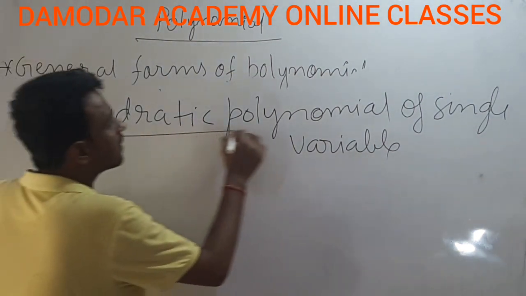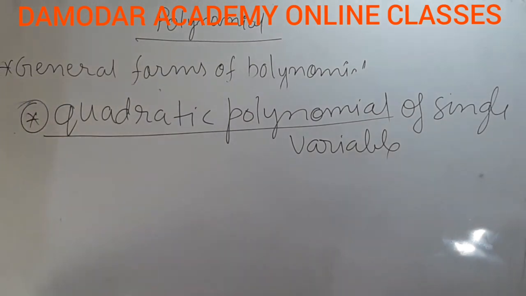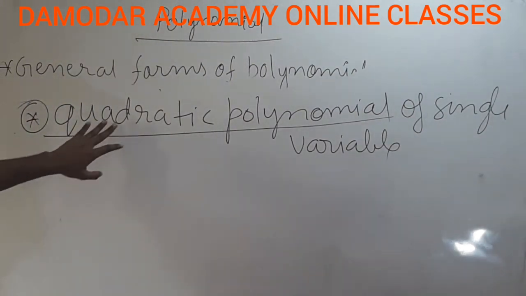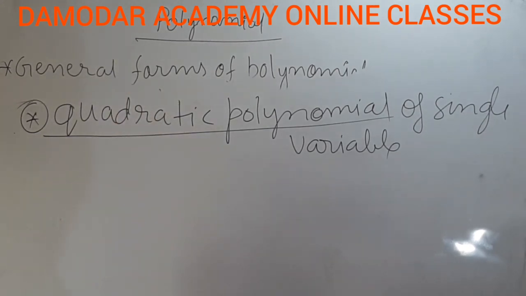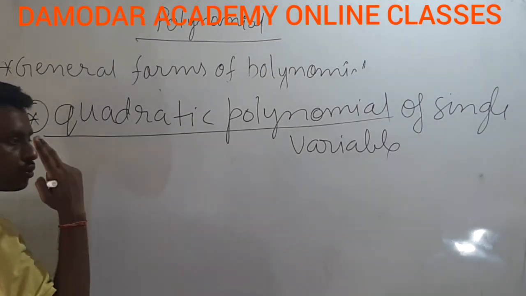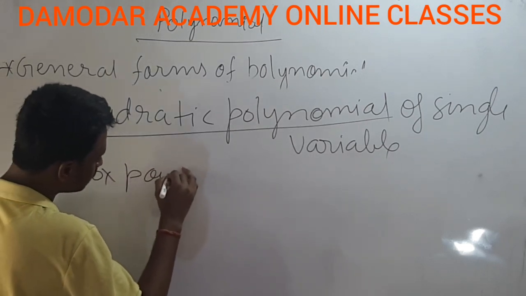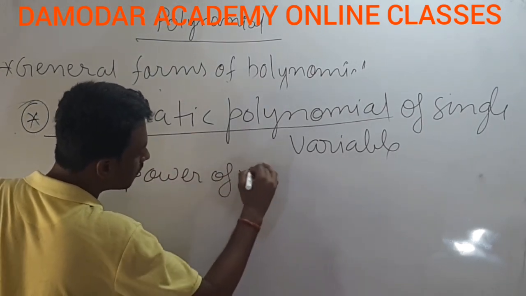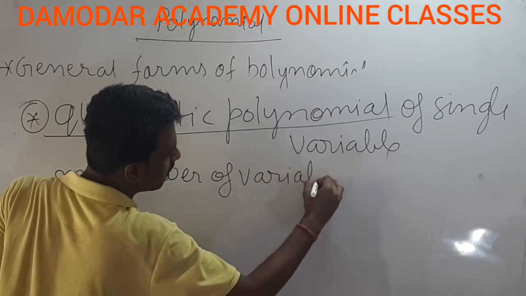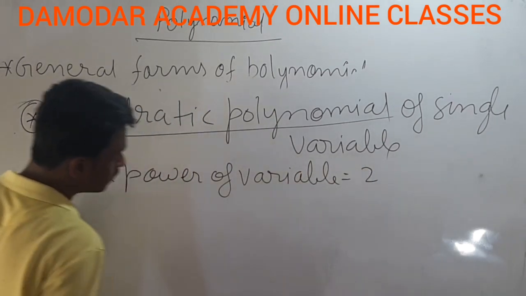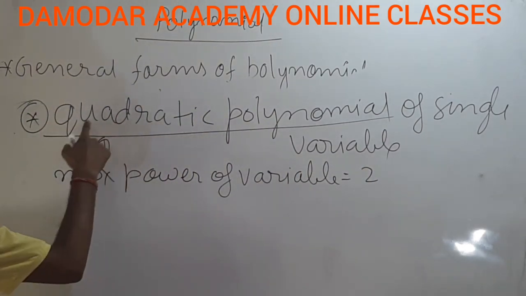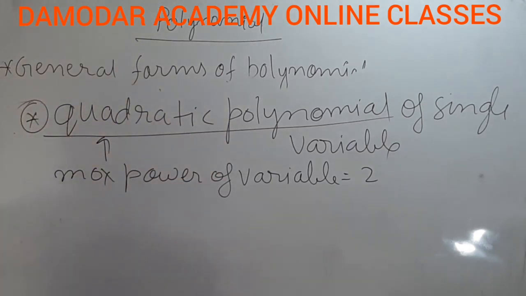My dear students, in the previous class, what we have learned is that for a quadratic polynomial, the power of the variable is always equal to 2. Means the maximum power of the variable is equal to 2. This is the case for the quadratic polynomial.